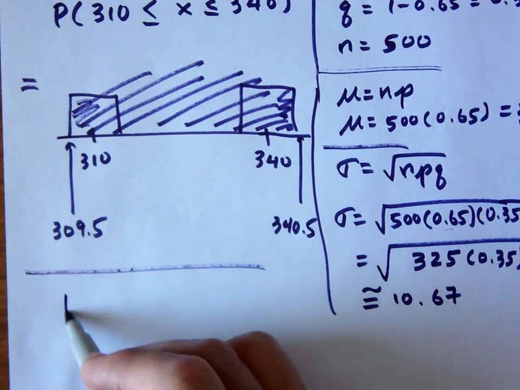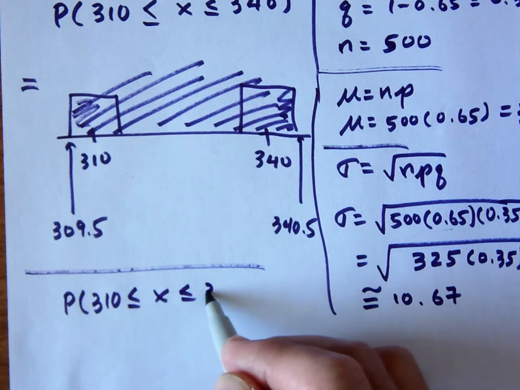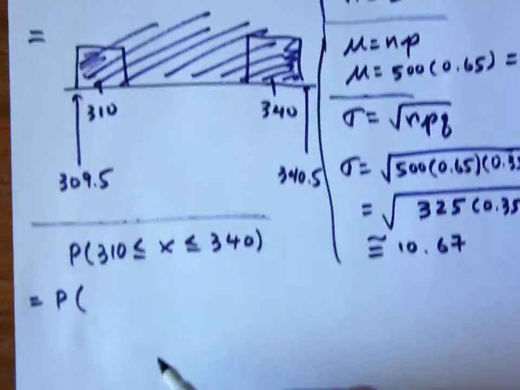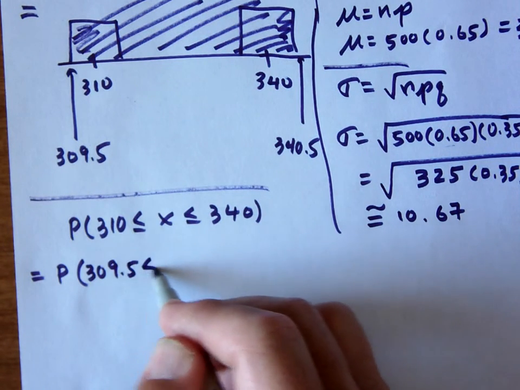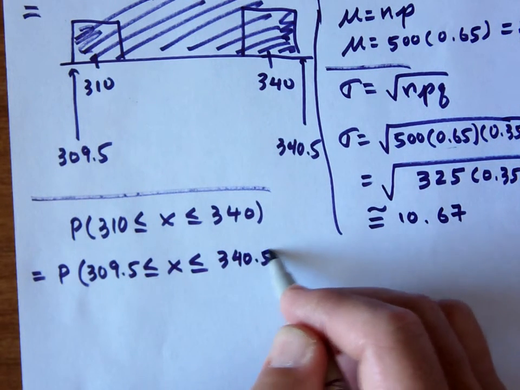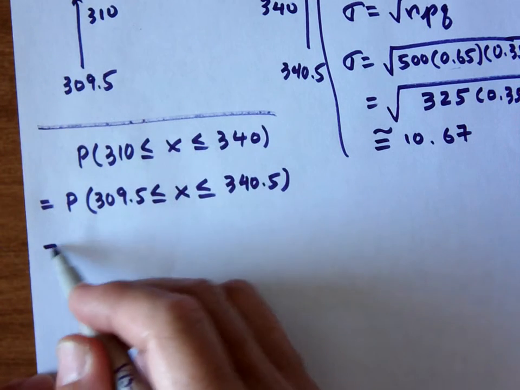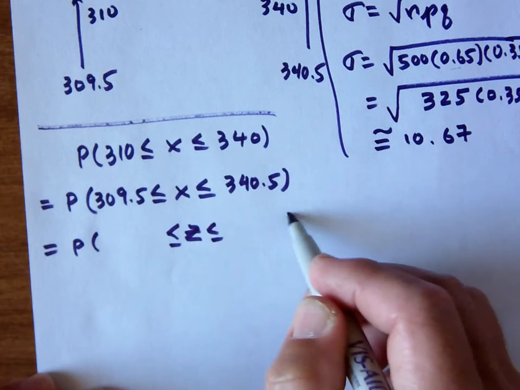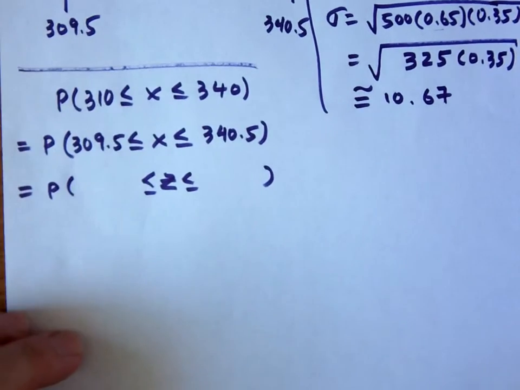So let me rewrite our problem one more time. That is going to be written as the probability from 309.5 to 340.5. And now this becomes our usual conversion to Z, with our usual formula.